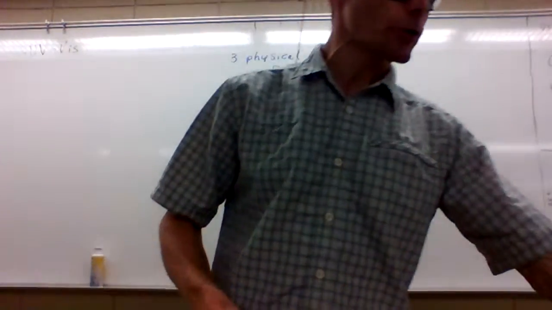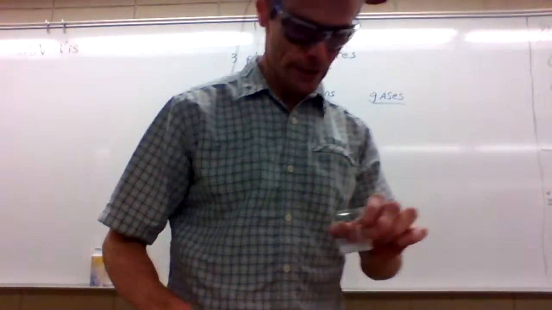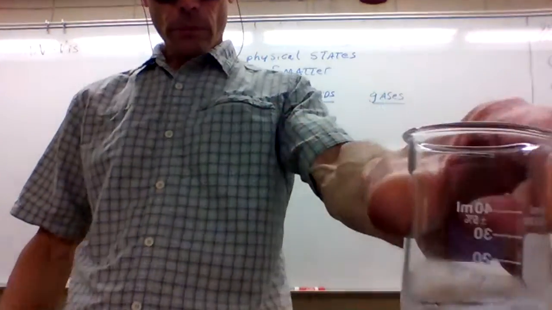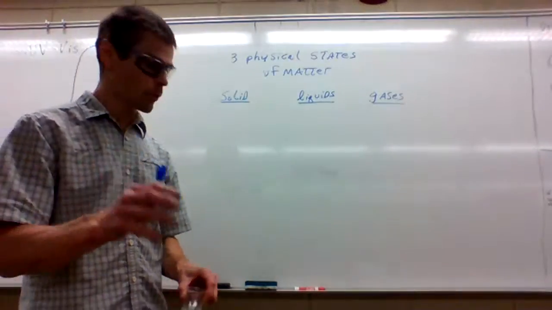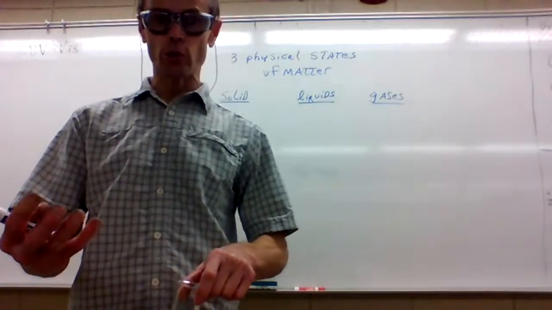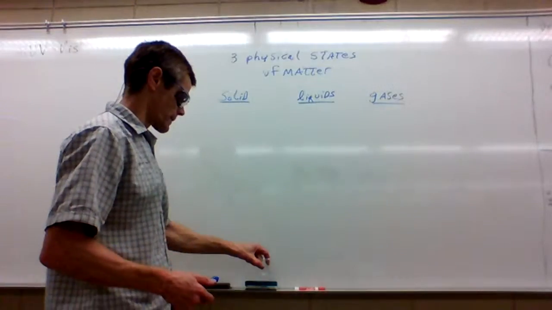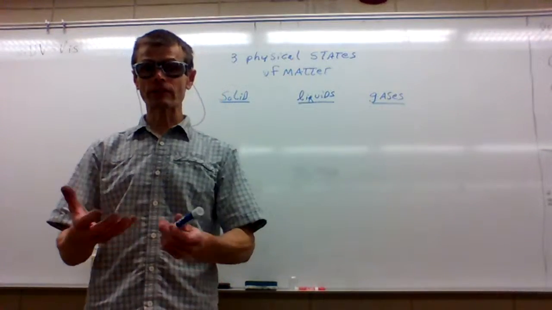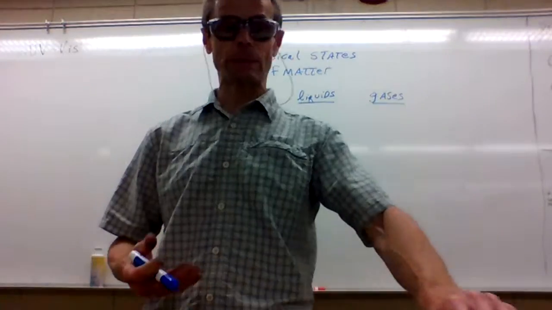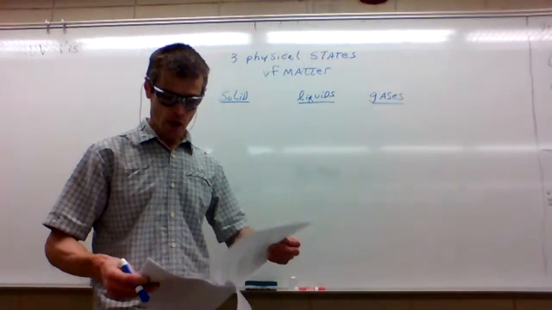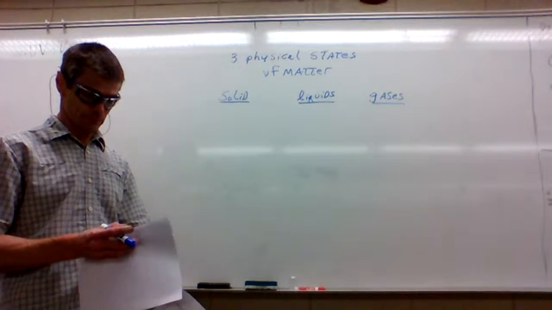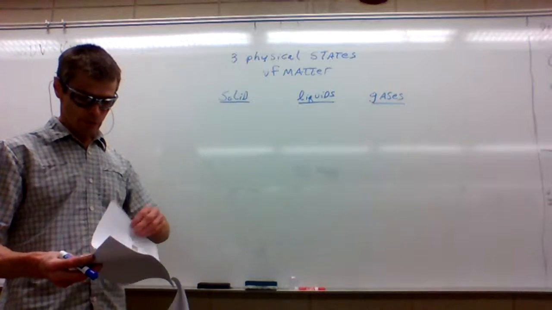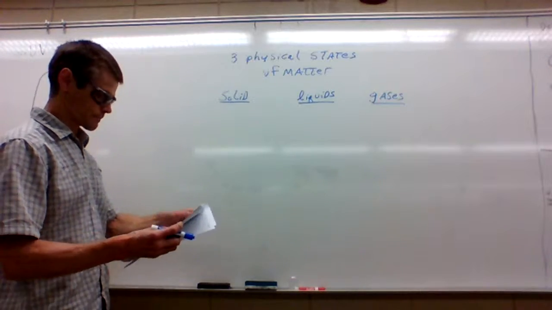Solid that we might be familiar with, and I have it here, and we can see it. That's some ice cubes, and they started to melt, and that's important. Those ice cubes are solid, and they're solid water. So let's list some things that we know about ice cubes, some of their properties of solids, to help us identify them. So let's begin with solids. Some of the properties of solids.